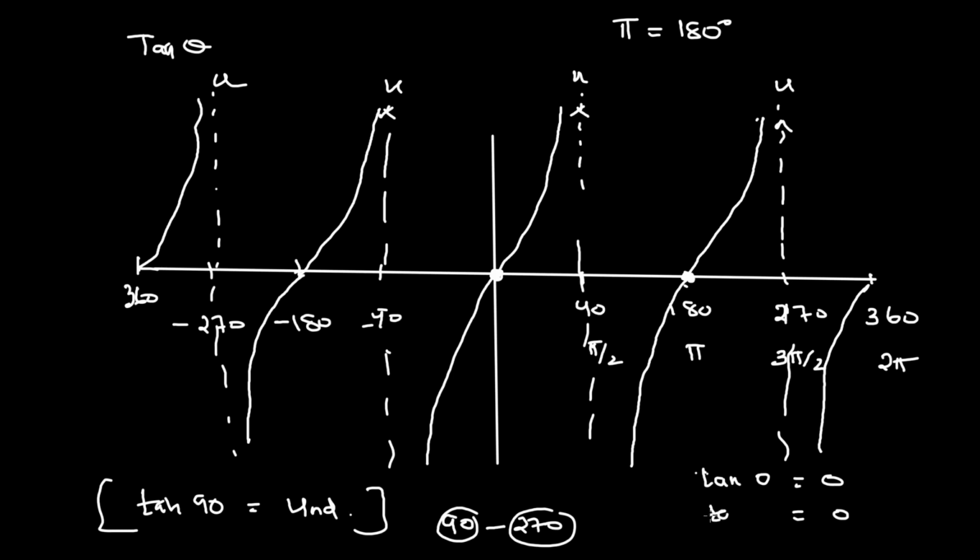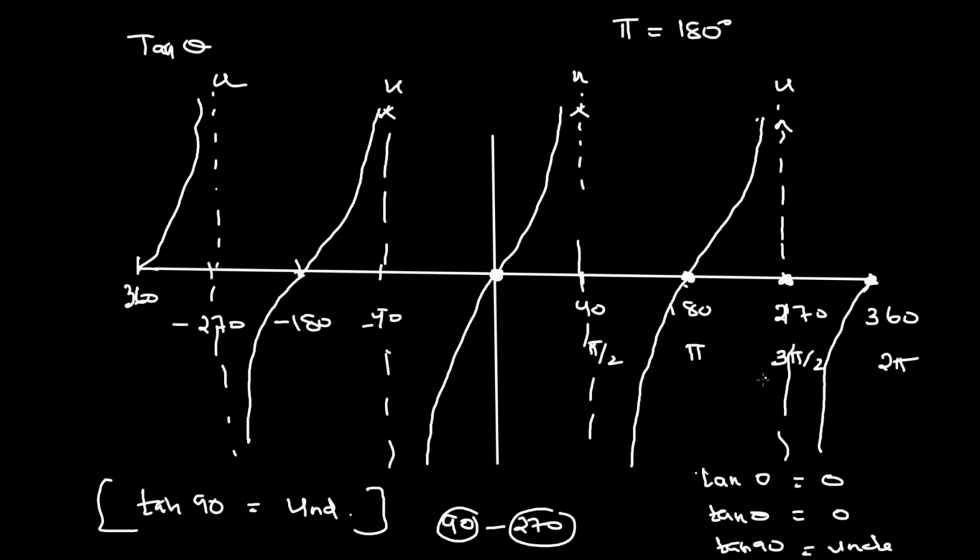And tan 90, which is here, we see that the graph doesn't get there, so it's undefined. What about 360? It reaches here, so it's 0. What about 270? Here, we'll say that it's undefined because this doesn't touch the graph.